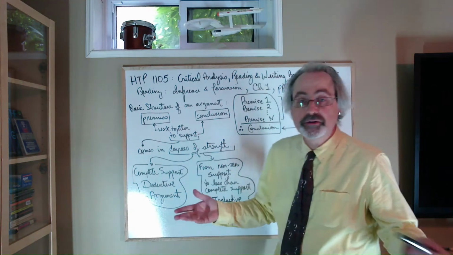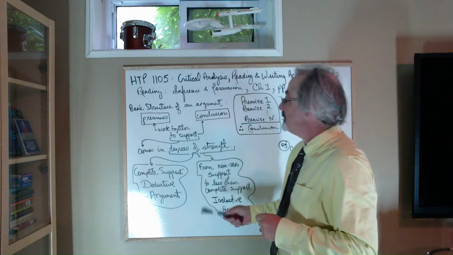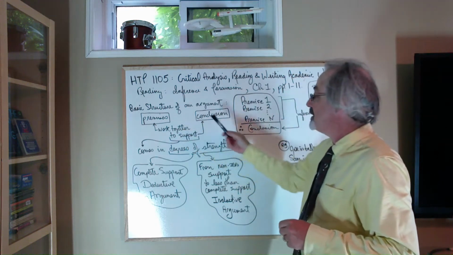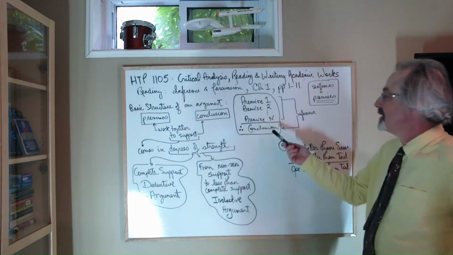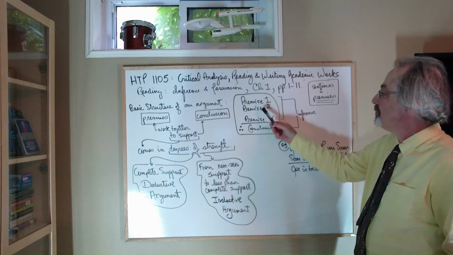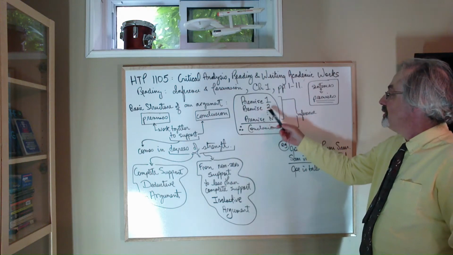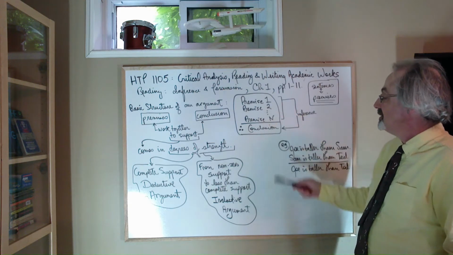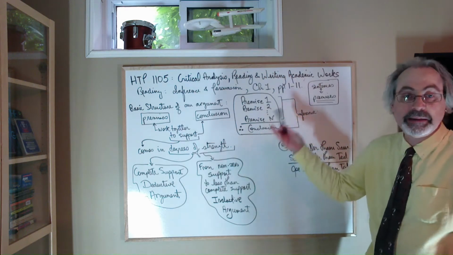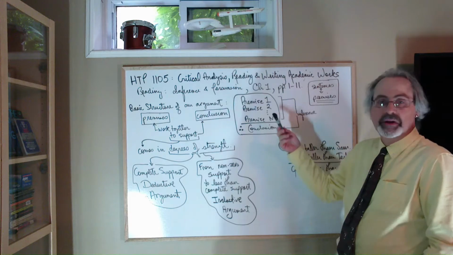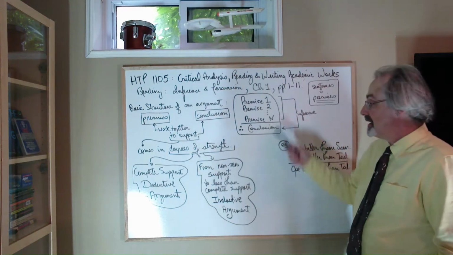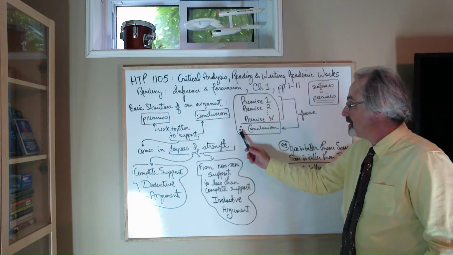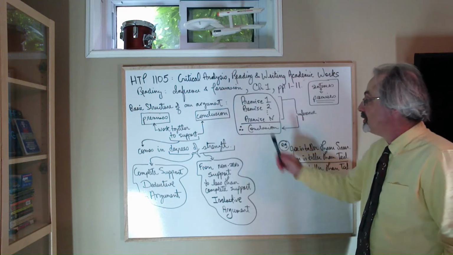So the basic structure of an argument: it has premises and a conclusion. It kind of looks like this. Premise 1, premise 2, these little dots meaning a whole bunch more, then premise n for an arbitrary number, maybe 10 or 20, or sometimes 4 or 5, depending on the size of the argument, and then 3 little dots meaning therefore, conclusion.